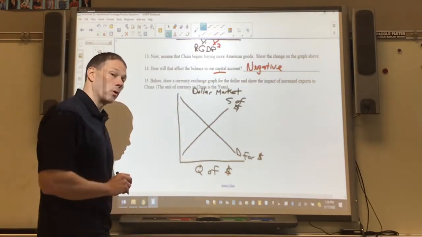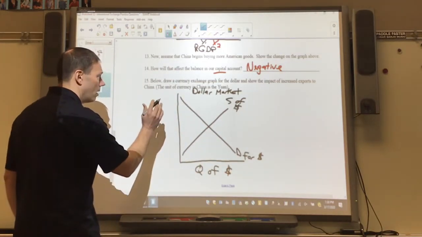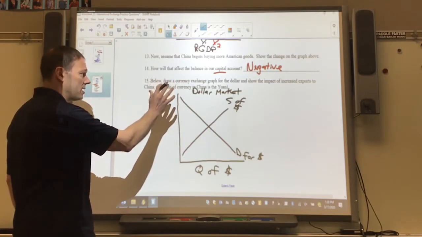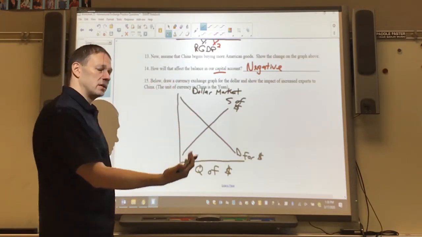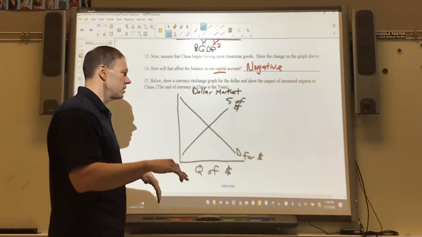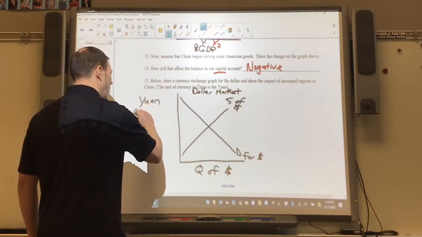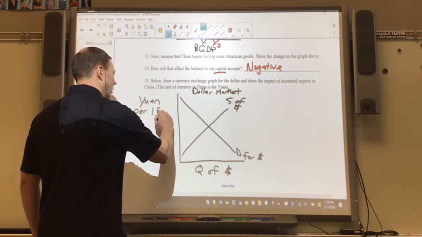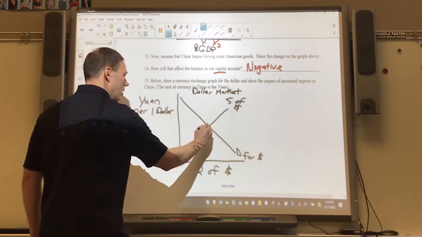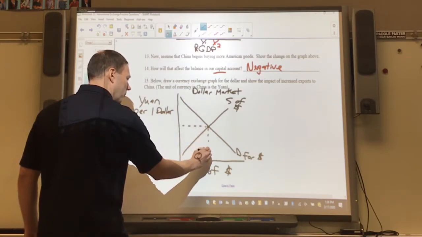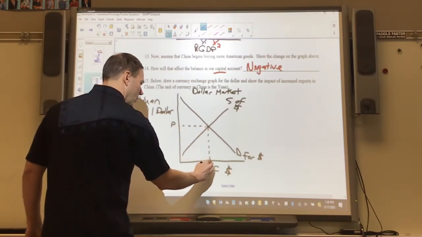Now here's the important one. Did you label it correctly? Remember it's the dollar market, so I always like to give the hint, whatever market it is, that's what goes second. In other words, you're talking about how many yuan does it take to get $1. So how many yuan per $1? And this is currently our equilibrium price and quantity of dollars.